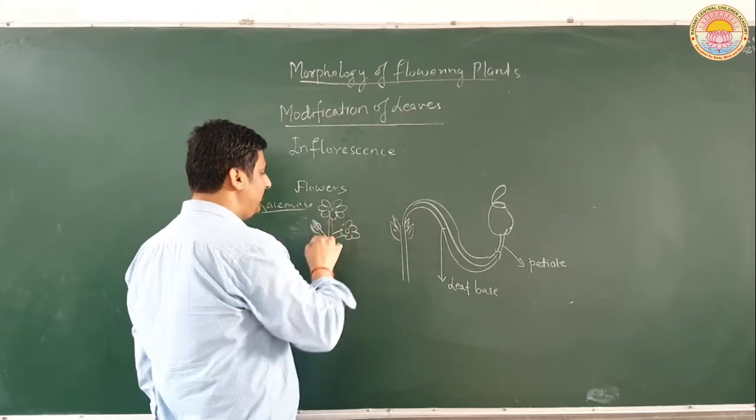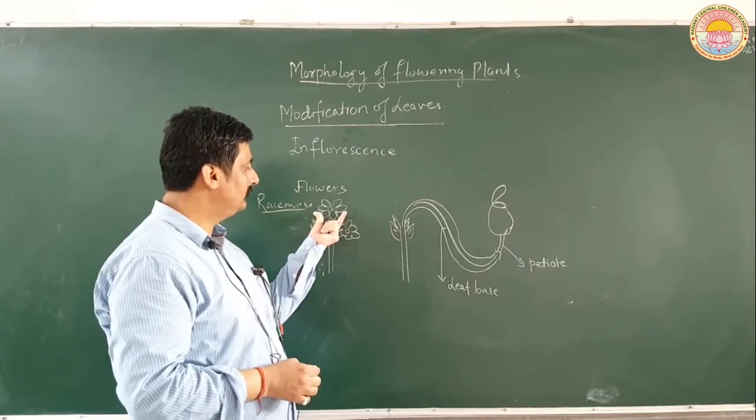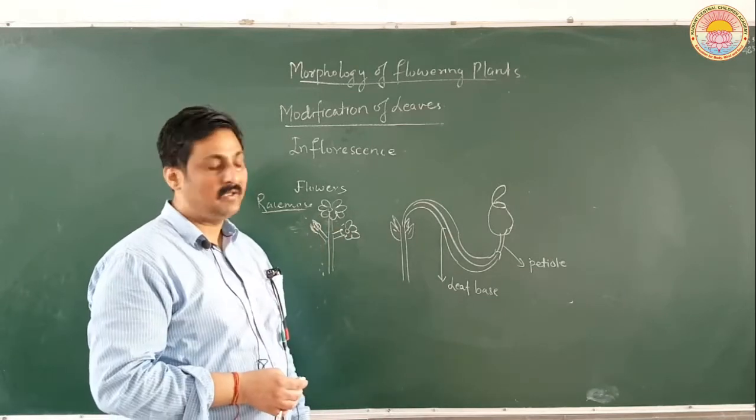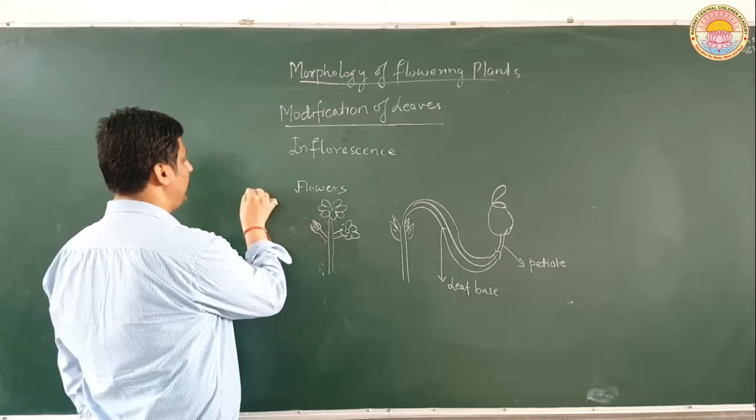The blooming of the flower takes place on the tip of the stem first, followed by the lateral positions. So this kind of inflorescence is called cymose type.